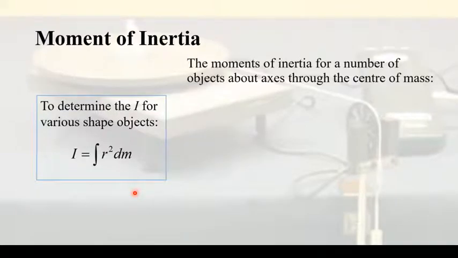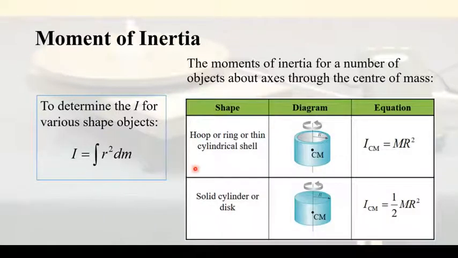So now we're going to look at moments of inertia for various objects. We have already derived the equations for you. What you have to do is just apply the equations. You don't have to know how to derive them anymore. So if you have a ring or a hoop, or a cylinder with a hollow in the middle, then we use I equals mr squared.